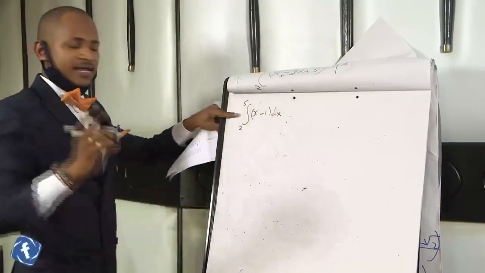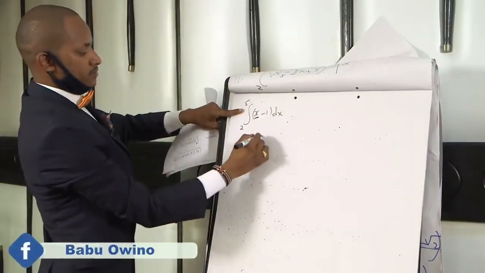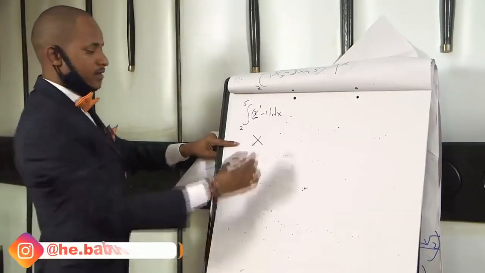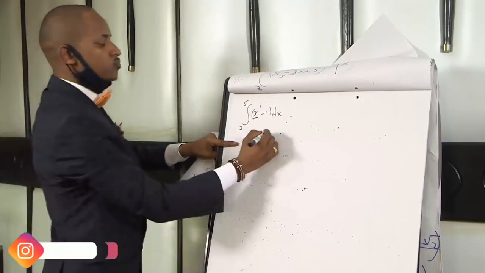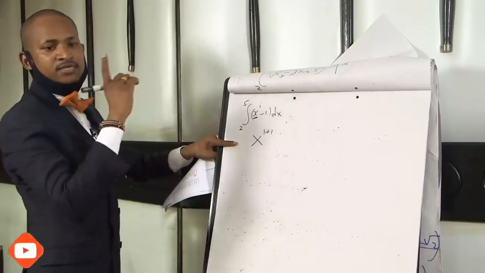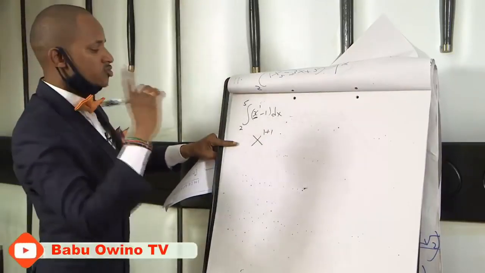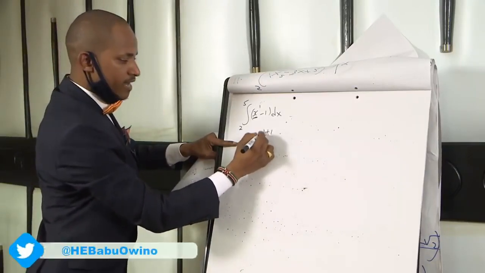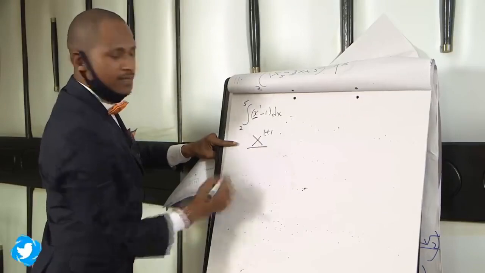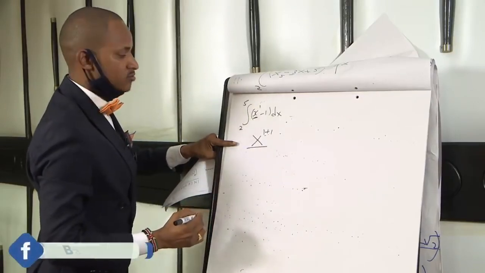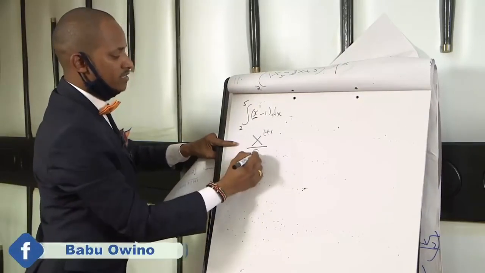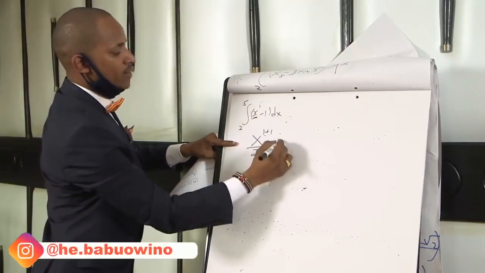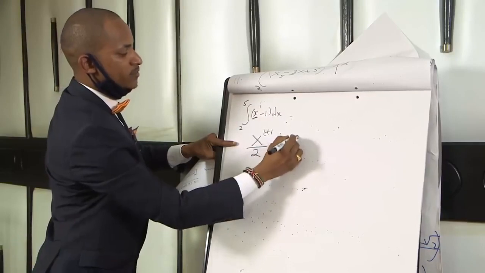So when you are integrating x, just write x, then x has a silent power of 1. Add 1 to it. Remember differentiation, we were subtracting 1. But integration, you add 1. Then what you get from the power, you divide with that answer that you get, with the summation of 1 plus 1, that is 2. Then minus, remember here we have 1. 1 can also be written as 1 times x raised to power 0.